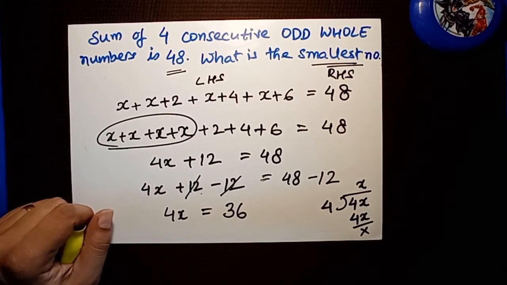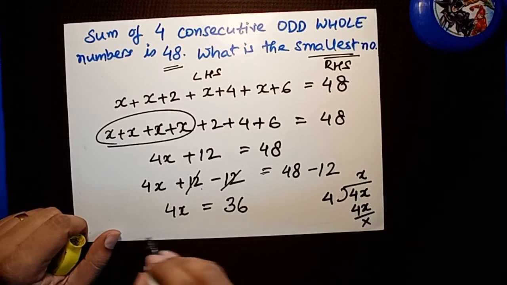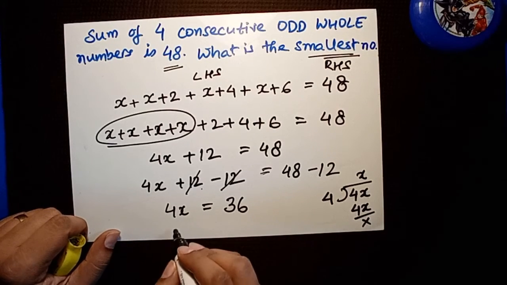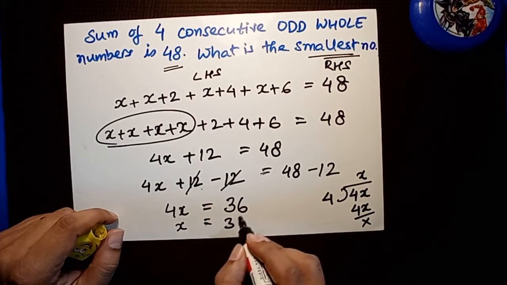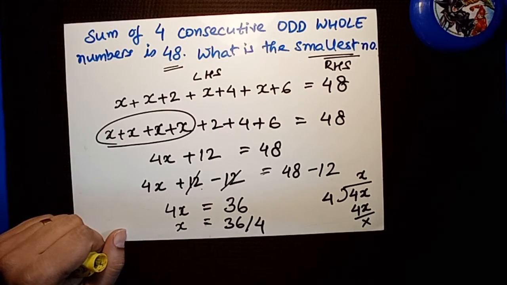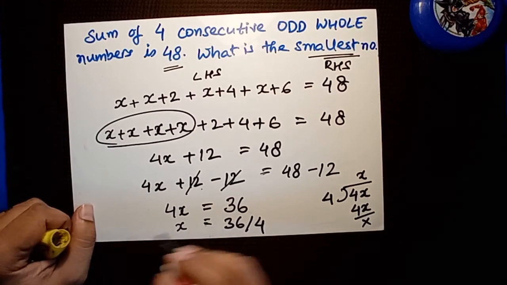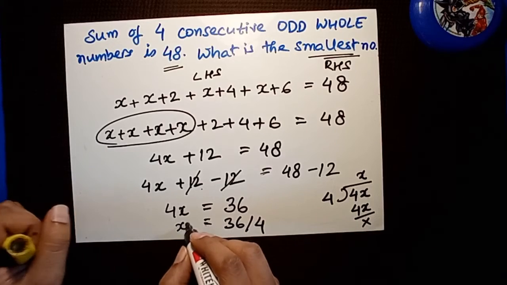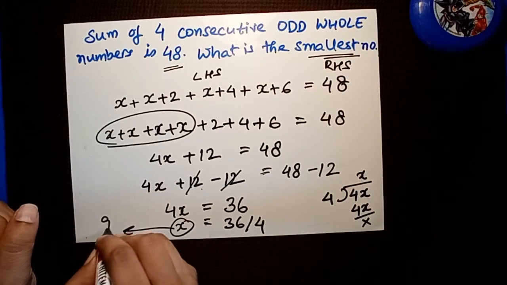If I divide it on both the sides, here I am left with x, and 36 divided by 4. And what is 36 divided by 4? 9. So x is equal to 9.